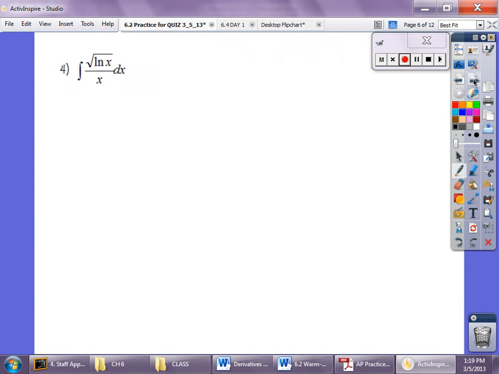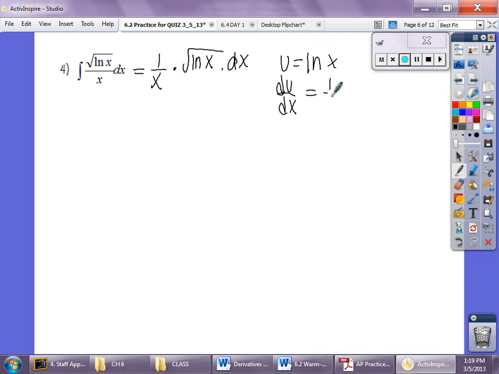Number 4. So I'm going to rewrite this guy also, and you should notice that it's very similar to the problem that we just did a second ago. I'm going to have u be ln of x. I want du dx to be 1 over x, and then multiply by x on this side, multiply by dx on the other side, substitute in. So we get, oops, forgot my little symbol.